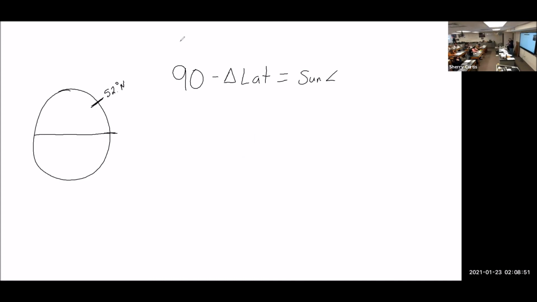Where is the sun directly overhead on the summer solstice? I'm not telling you because I did 5 seconds ago. No. Where is the sun? What latitude is the sun directly overhead at on the summer solstice?